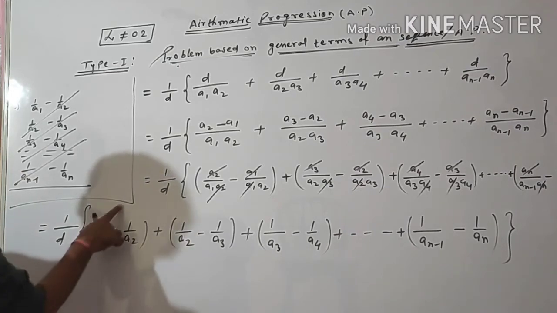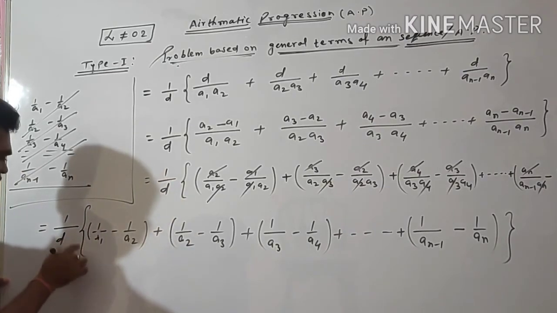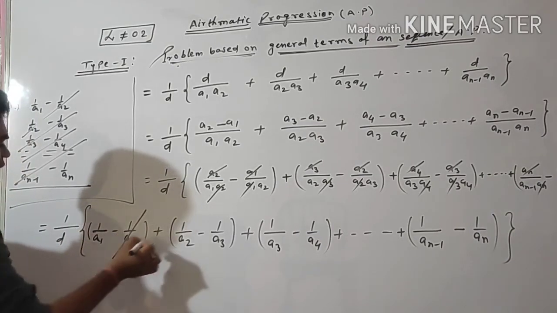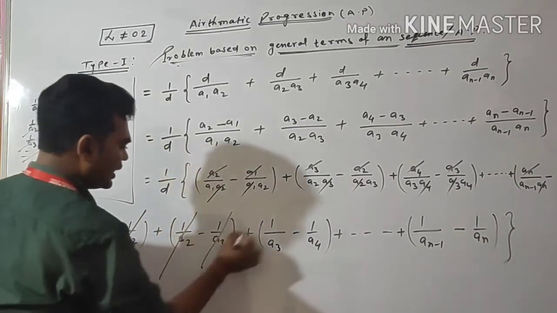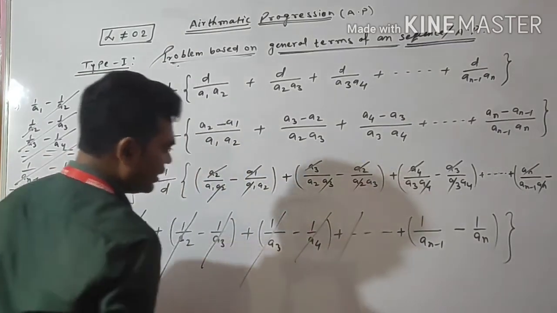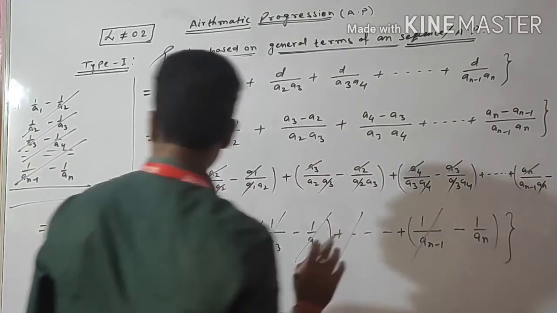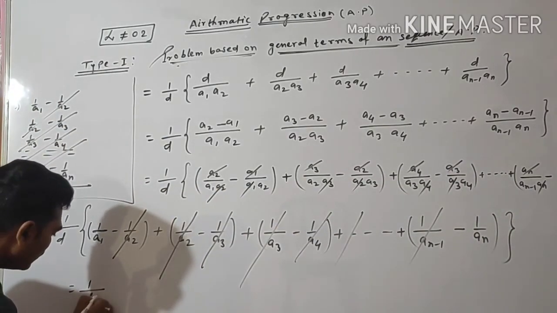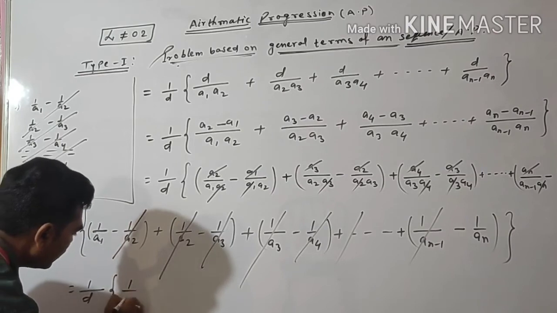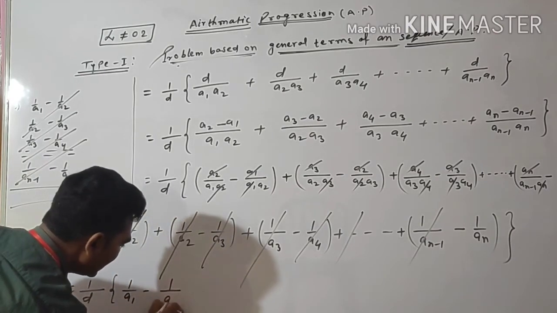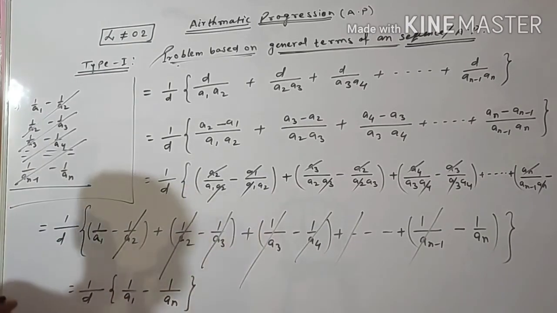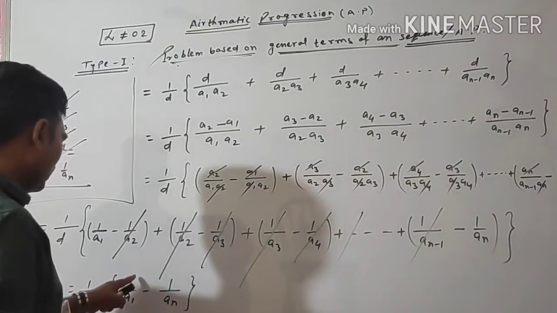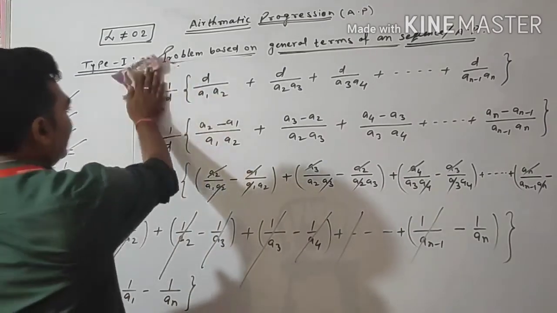That means this cancels, this and this cancel, this and this cancel, obviously this also cancels. So finally we get 1 by D into 1 by A1 minus 1 by An. Okay, finally we get 1 by D into 1 by A1 minus 1 by An.